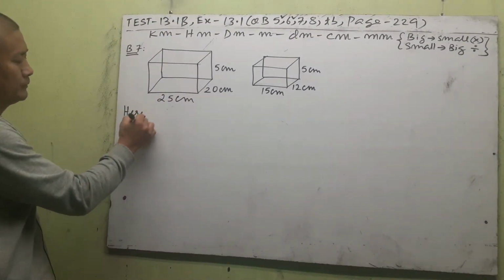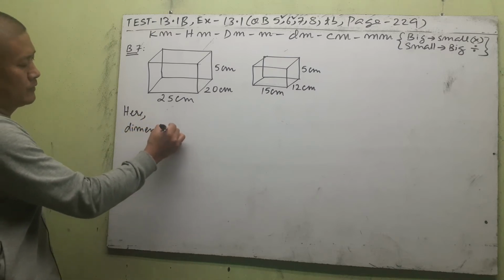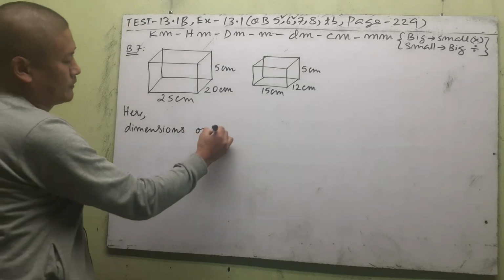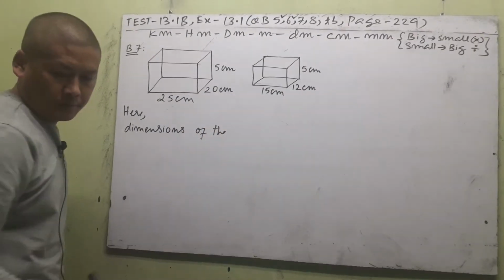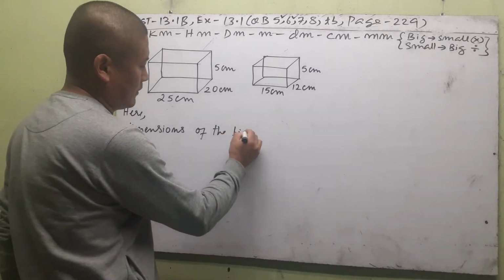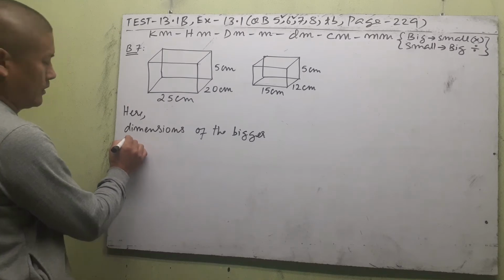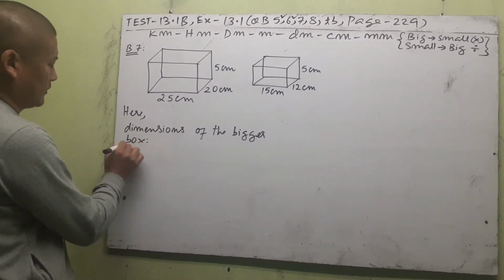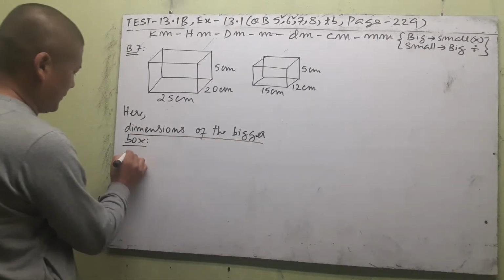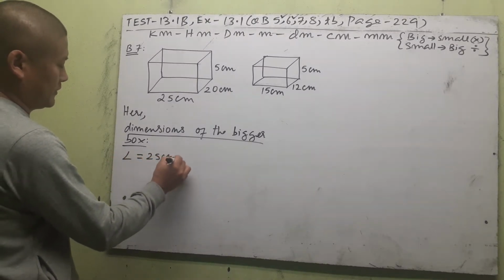So here, dimensions of the bigger box, let us say. Let us represent length by L capital, 25 centimeter.